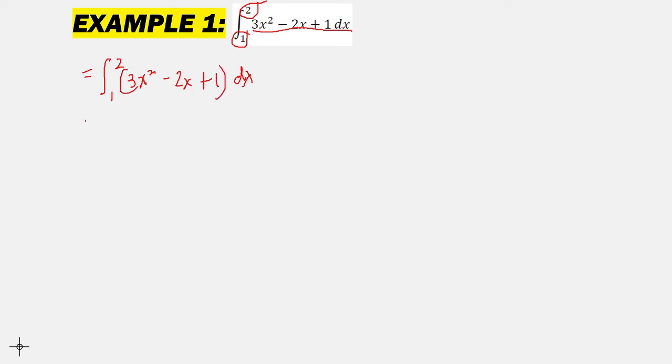Do not forget that this can be integrated by separating each, from 1 to 2, then from 1 to 2. So how are we going to do this is that we are going to integrate 3x squared dx first.